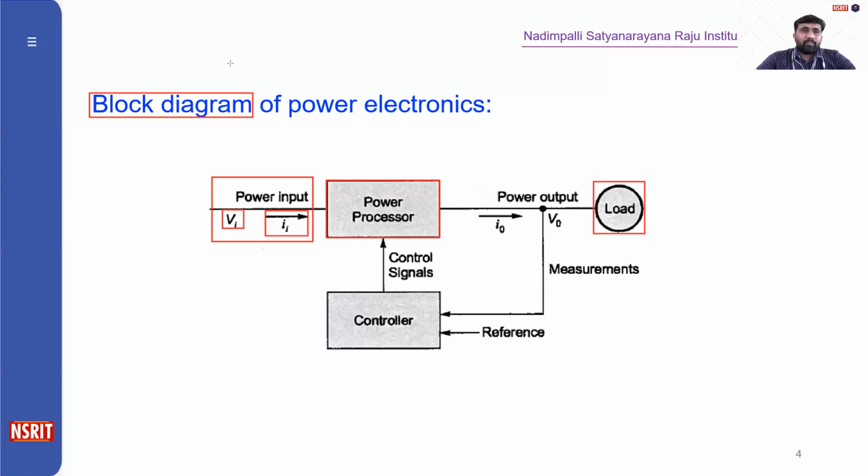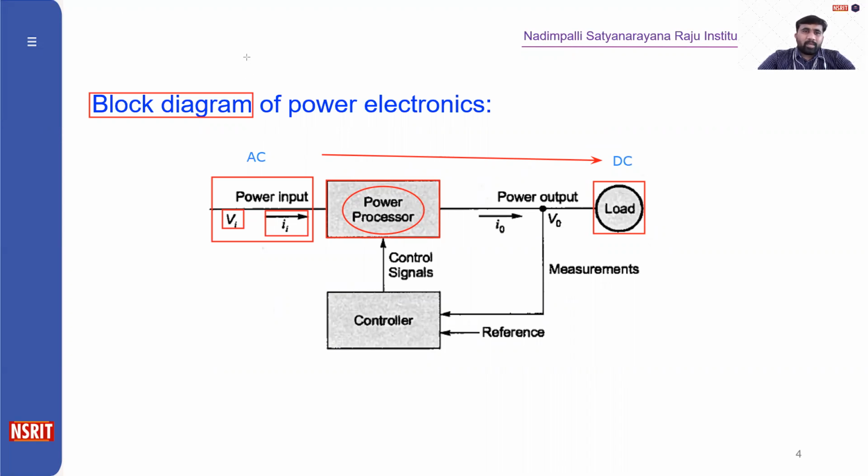So let us say if you have an AC source here and your load is requiring a DC source. Then this power processor or power modulator will convert this AC into DC. Then that DC is feeding to the load. That is the purpose of the power processor.